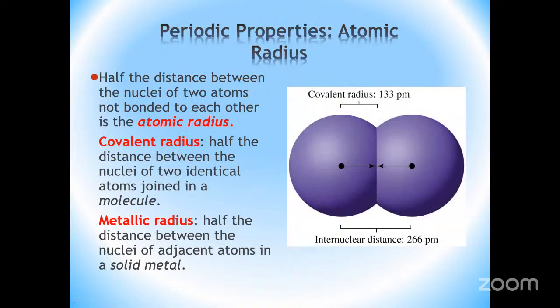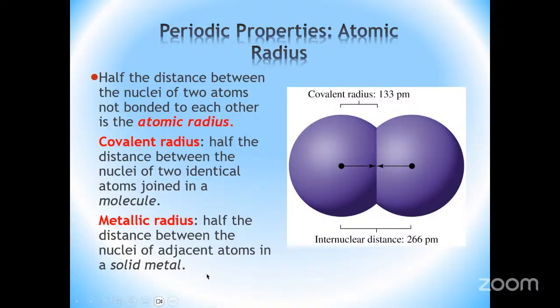So the first property we're going to look at is the atomic size, right? Now, the atomic size can be determined in different ways for an atom. If you're dealing with a diatomic molecule, such as chlorine, hydrogen, and so on, the atomic size can be determined by finding half the distance between the two nuclei of the diatomic molecule, right?